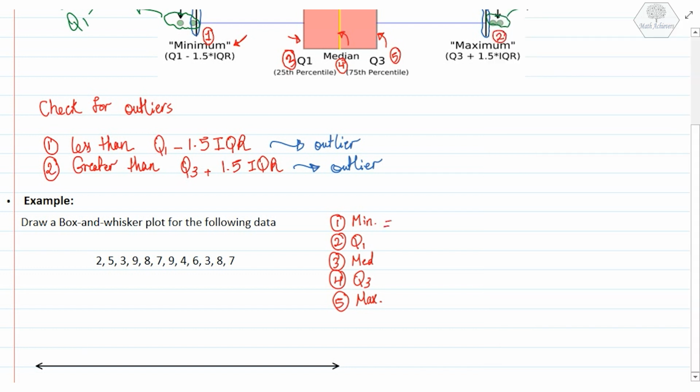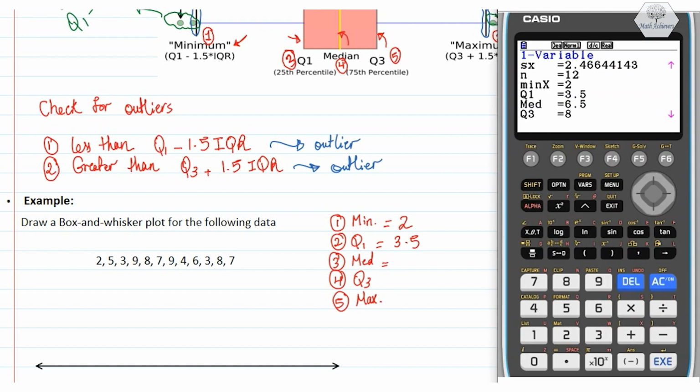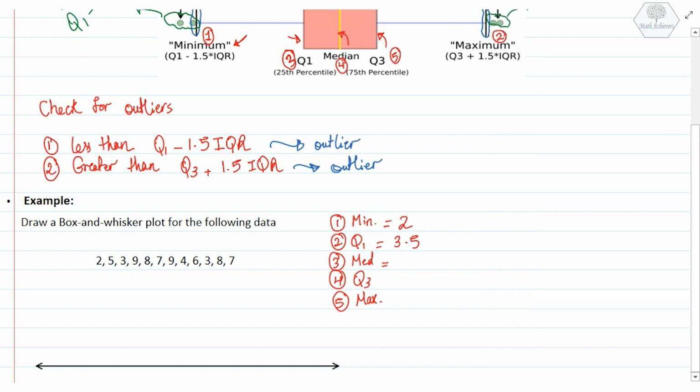So the minimum is equal to 2. Q1 is equal to 3.5. Let's check for the median. The median is 6.5. Q3 is 8. So the median is 6.5. Q3 is 8. And we have the maximum value to be 9.